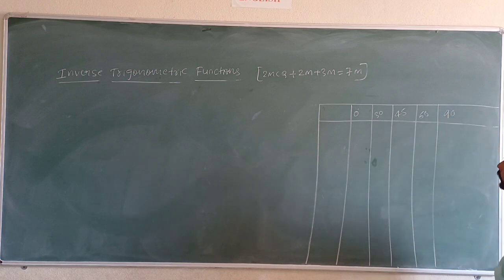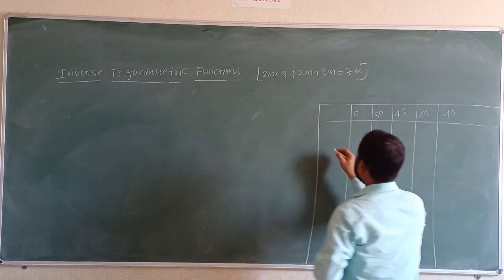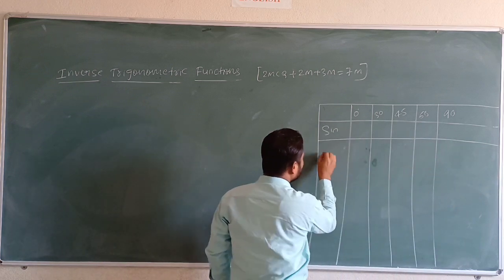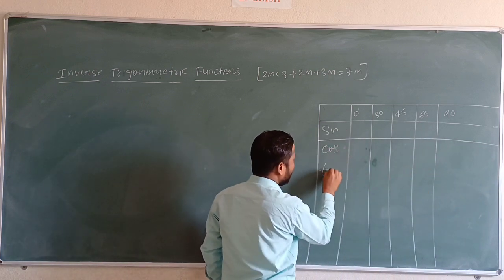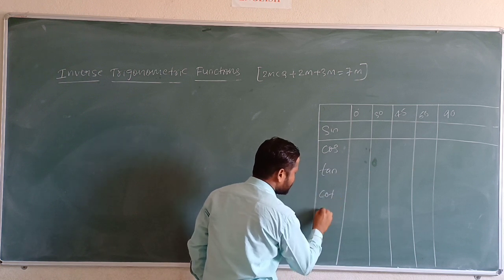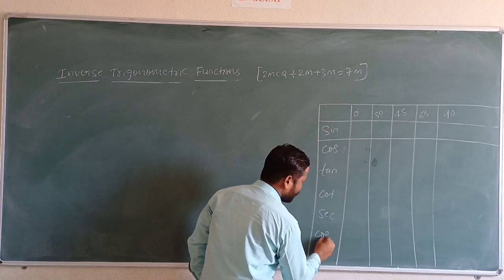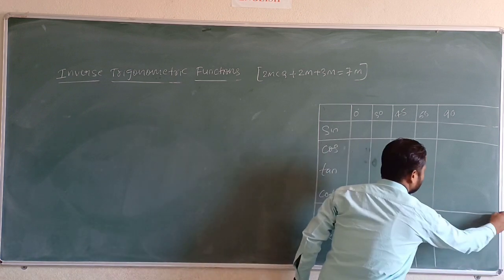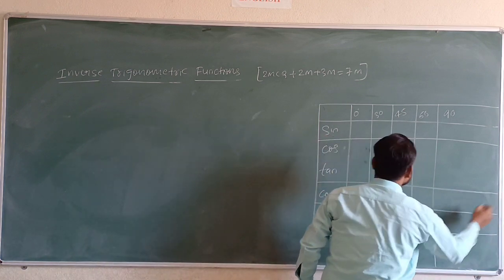Take here the trigonometric functions: sine, cos, next tan, cot, secant, and cosecant, that is cosec now. These are the trigonometric functions here.